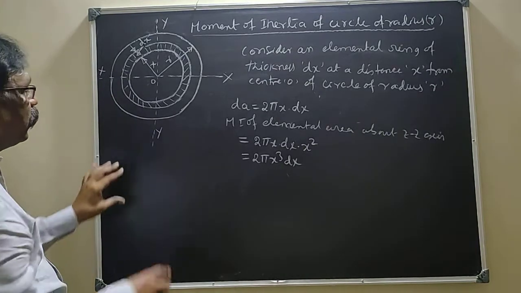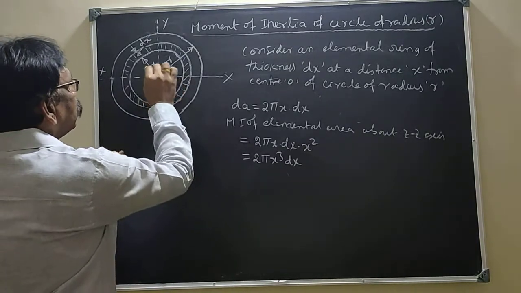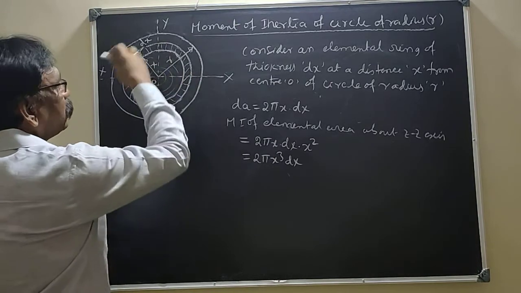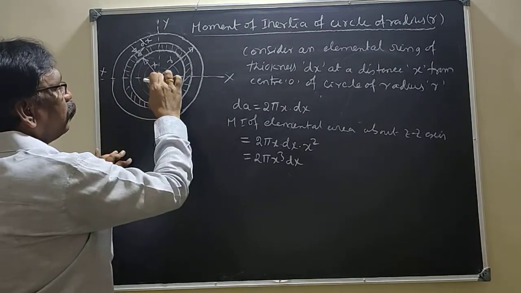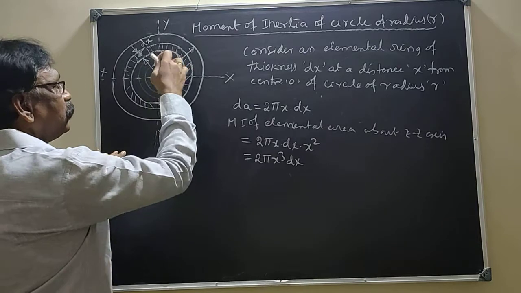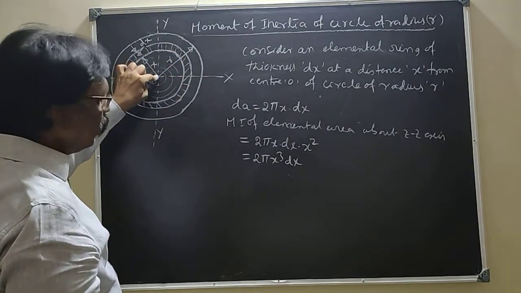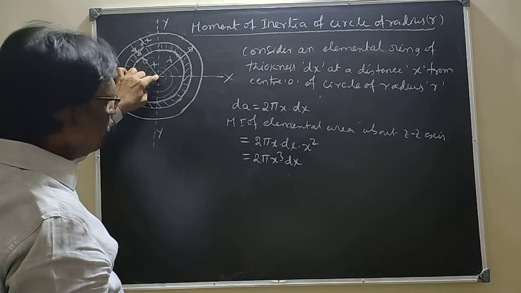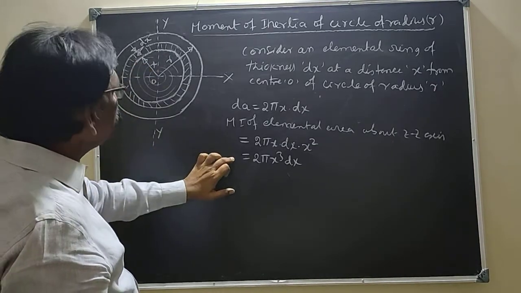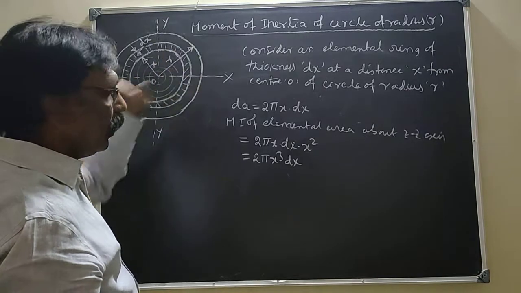Now let us consider that it is made up of a number of such concentric elemental strips, and the moment of inertia of each elemental strip about the zz axis is given by integrating this equation between the limits 0 to r.